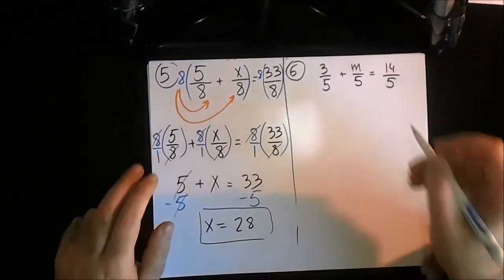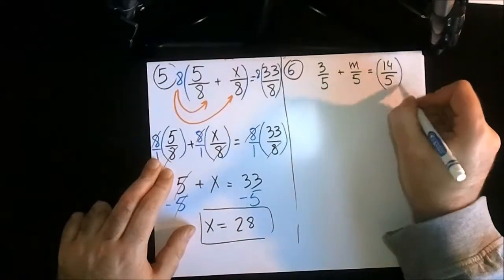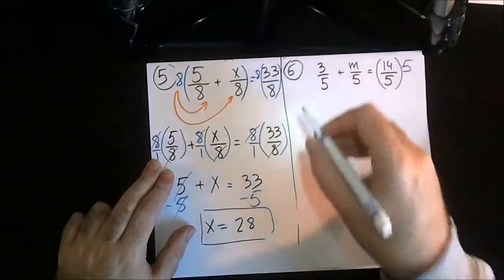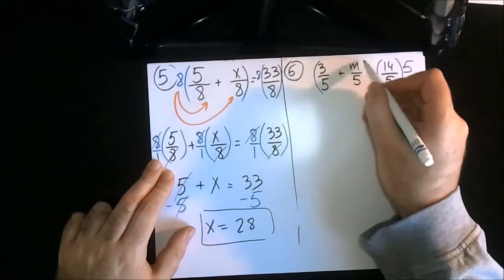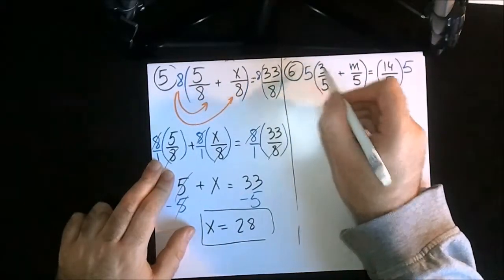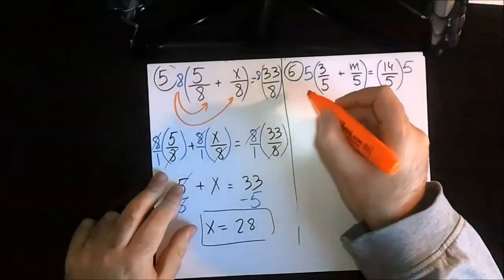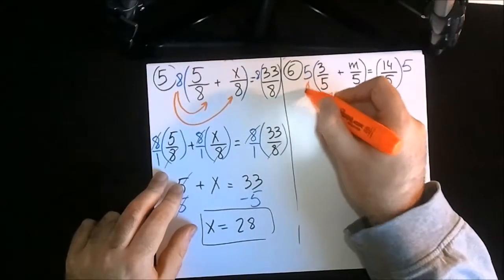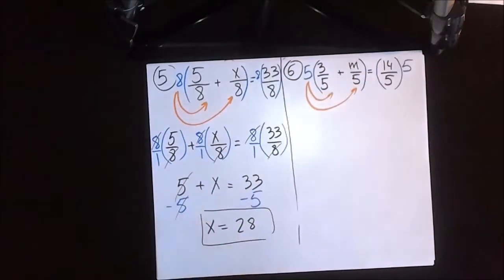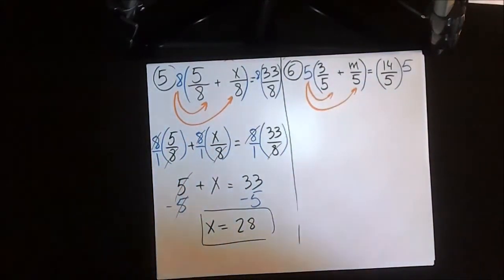So the opposite of divide by 5 is to multiply by 5. And of course I have to do the same thing to both sides, which again is convenient because it's going to take away all of my denominators in one swoop. I'm going to distribute this 5. It's my first step.